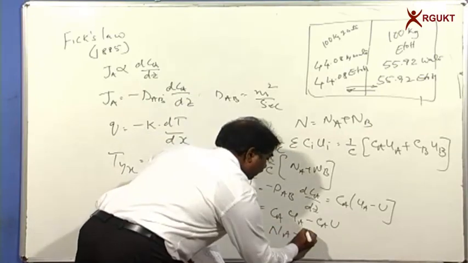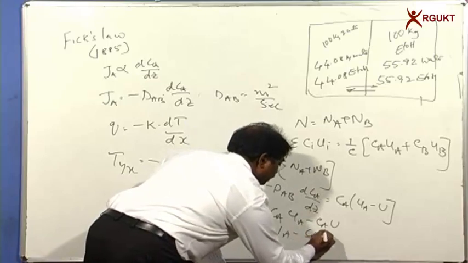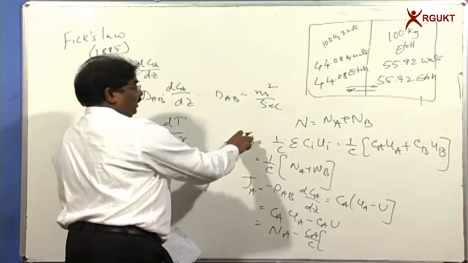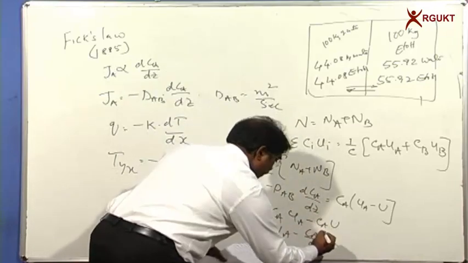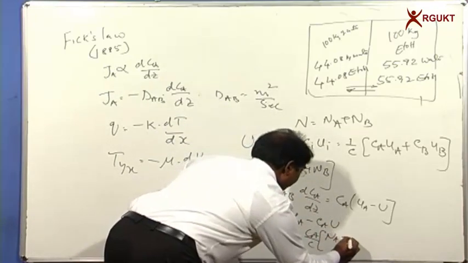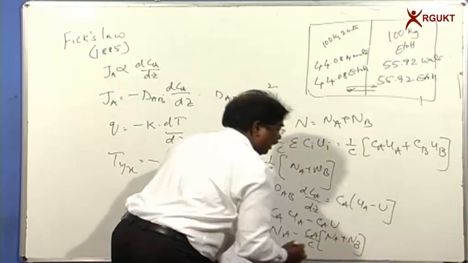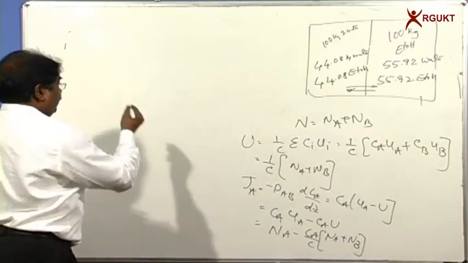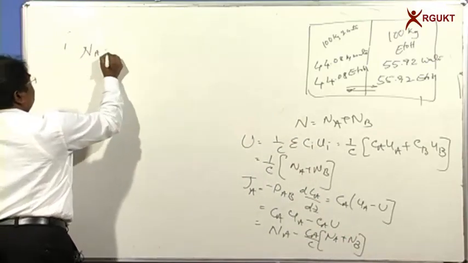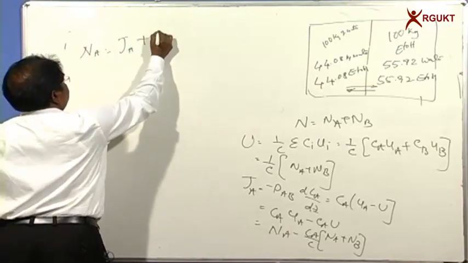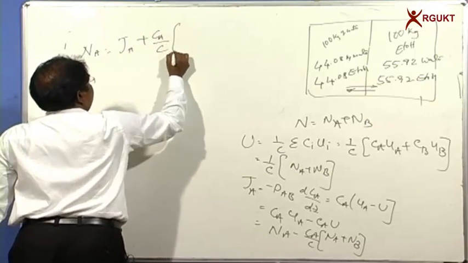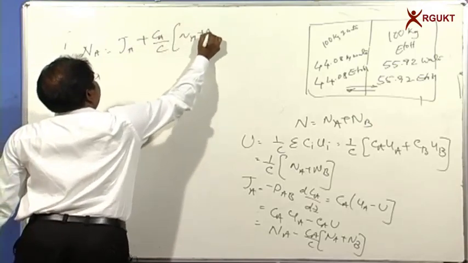Substituting this expression, with U as Na plus Nb over C, we get Na equal to Ja plus Ca by C into (Na plus Nb).